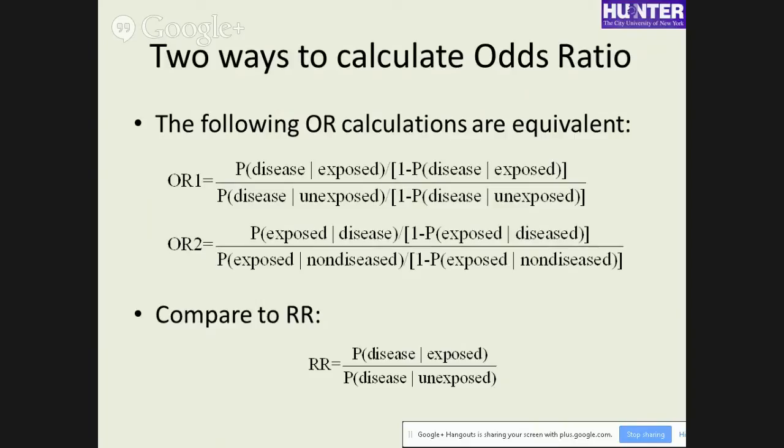The thing is, even given the same risk ratio, or the same risk of disease from an exposure, the probability of exposure given disease will vary with the prevalence in the population.